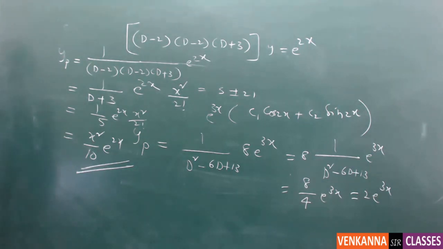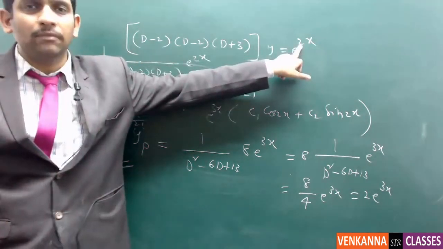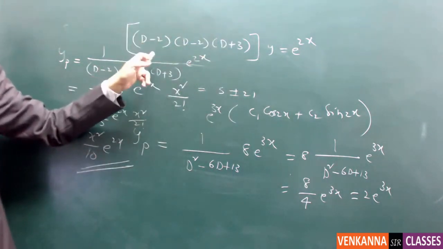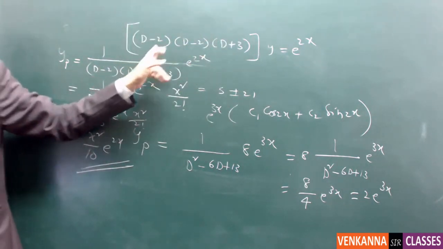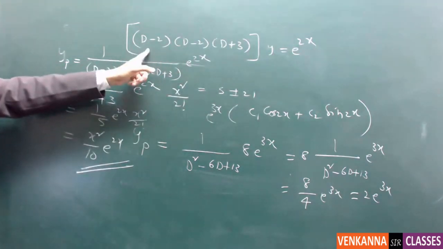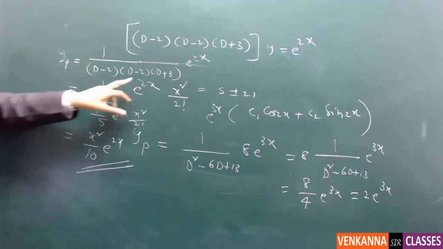Right. However, sometimes the power may become root of the equation. In such cases, if you substitute the power in place of d, you will get undefined value in the denominator. So what happens?